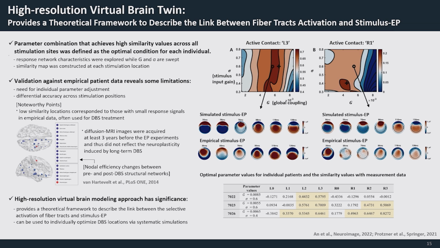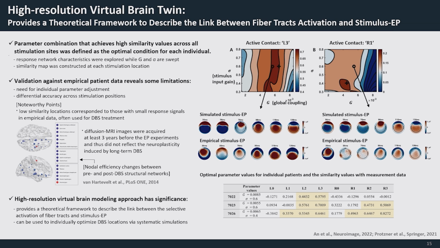And we explored the EP patterns by sweeping 2 model parameters, global coupling for the connectivity and stimulus input gain, and calculated the similarity value between simulated EP and empirical EP signals based on Pearson correlation. So when using the optimal parameter values for each individual patient, the model showed differential accuracy across the stimulation positions.